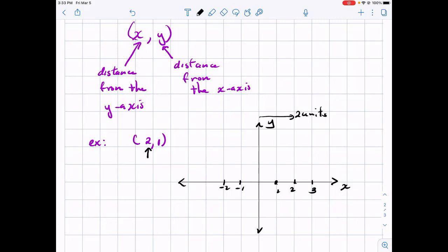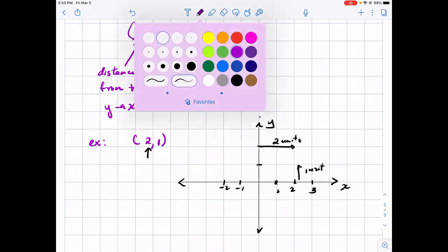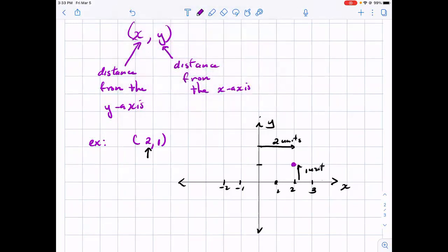And the 1 means from the x-axis, from here, I'm going up 1 unit. So I'm going 2 units this way, and 1 unit this way. And if you notice, I am going to fall right here, because that's my 1 unit.